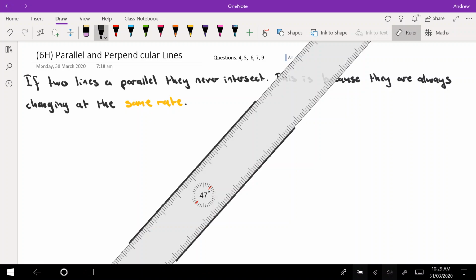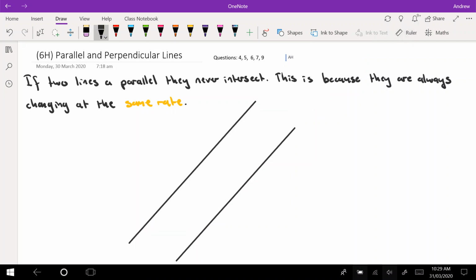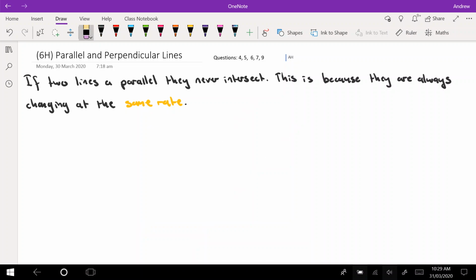Well, what else does that maybe look like? They have the same steepness. They rise and they run at the same rate. Since they have the same rate, we know from yesterday that we can equate that.